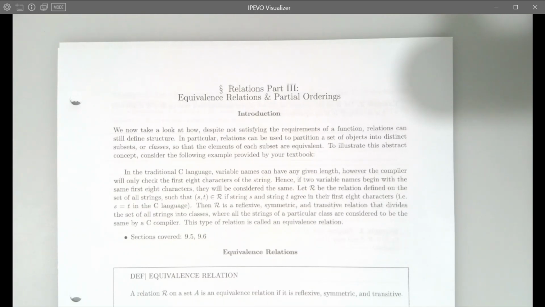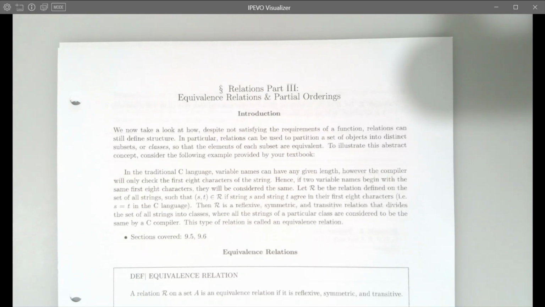It's going to be symmetric, because if S and T share the same first 8 characters, then the same can be said about T and S. And finally, it's transitive, because if S and T share the first 8 characters, and T and R, let's say, share the same first 8 characters, then S and R also have to share the same first 8 characters.